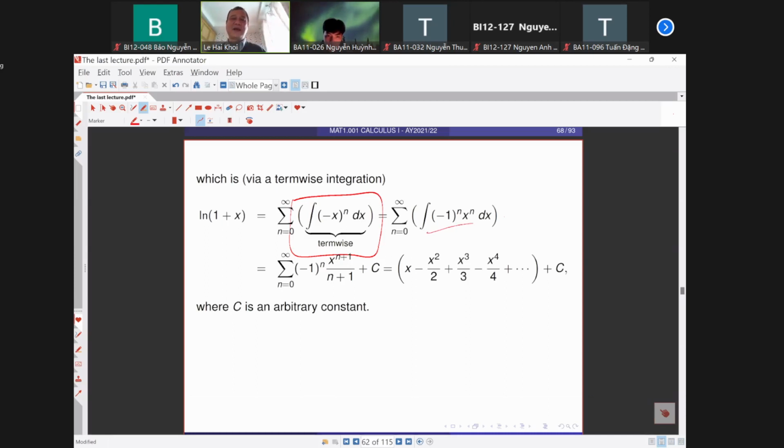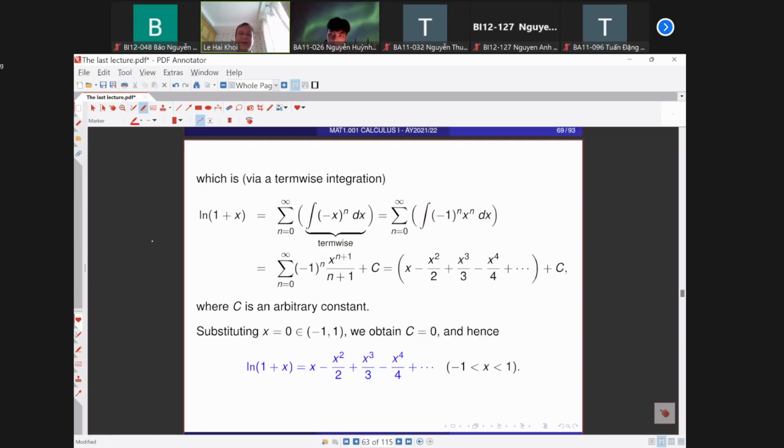It is very easy to find the antiderivative in each case together with negative 1 to the power n. You have this series. So this is the representation of the logarithm of 1 plus x for modulus of x less than 1, right? And now, because you still have c, you have to find the exact value of c.